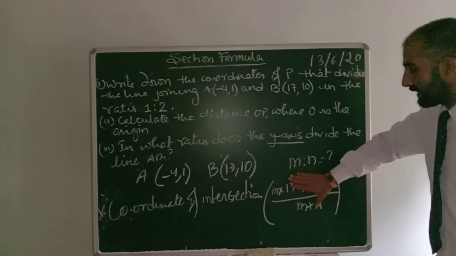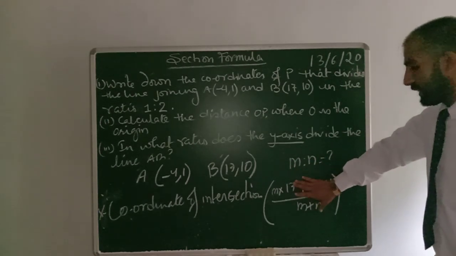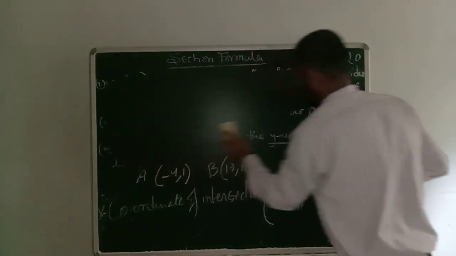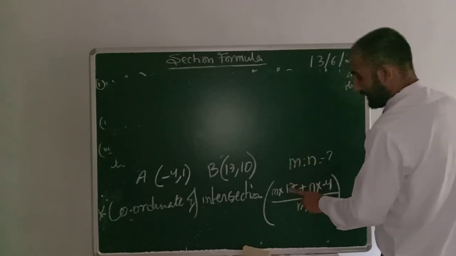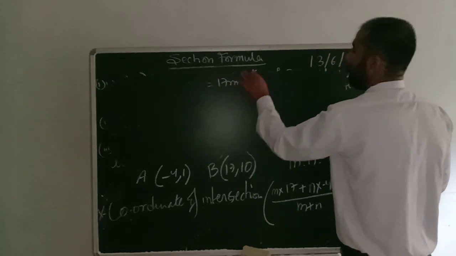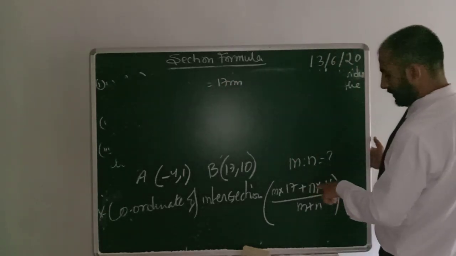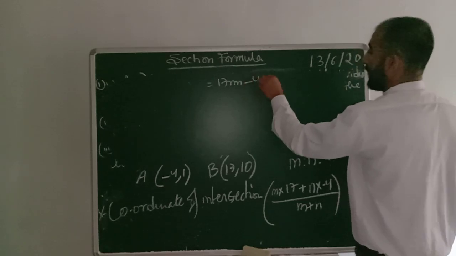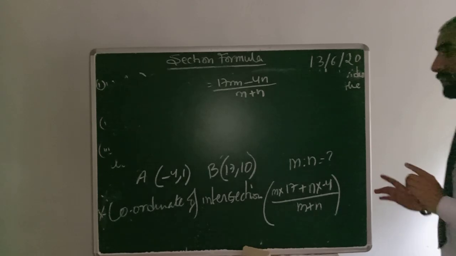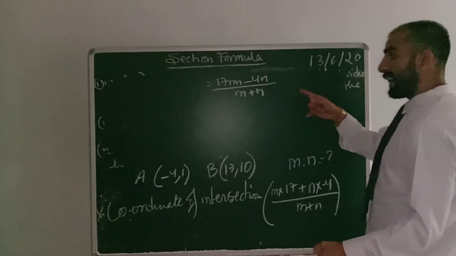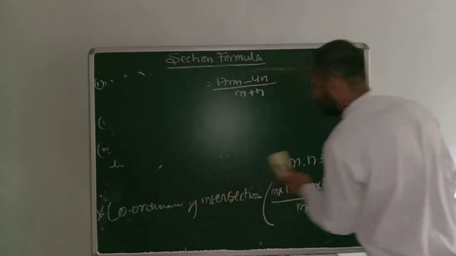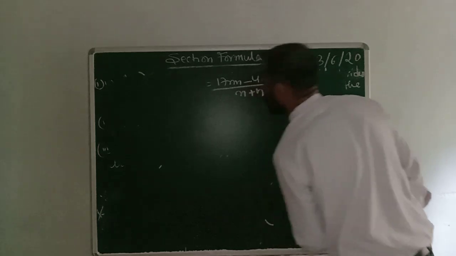So I'm just going to find the x coordinate and equate it with 0. Next, 17 into m, that is 17m, plus n into minus 4, that is minus 4n, by m plus n. So this is the x coordinate of intersection. But we know it is intersected on the y-axis, so its value must be 0. So I'm going to equate this with 0 to get the ratio.